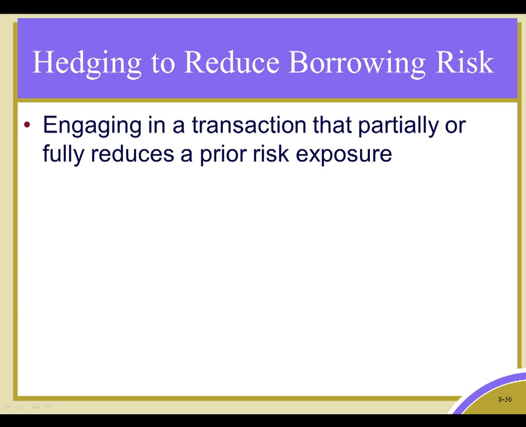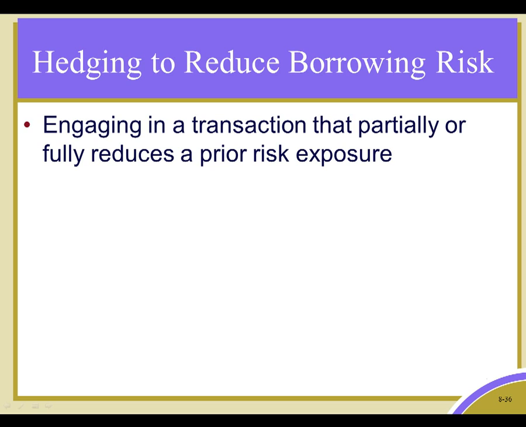So a hedging transaction partially or fully reduces the risk exposure. Essentially the risk doesn't go away, but we enter into a transaction that will pay off if the risk is actually encountered. So in our example, let's imagine we're concerned that interest rates might go up.